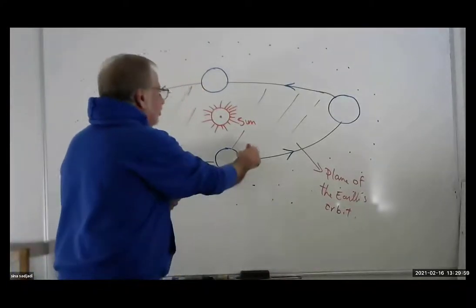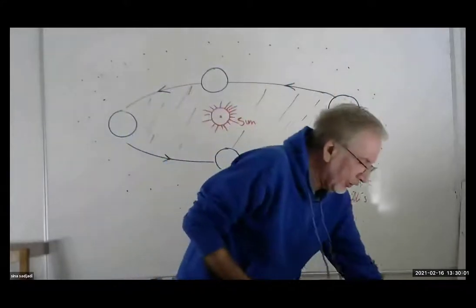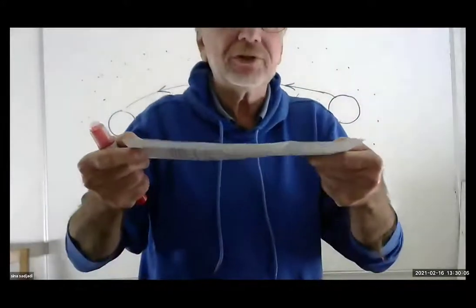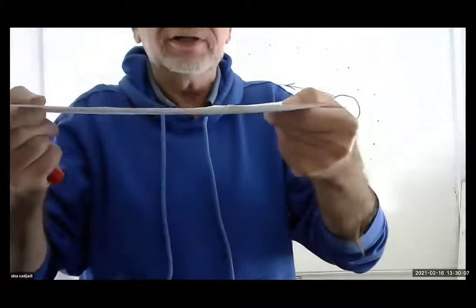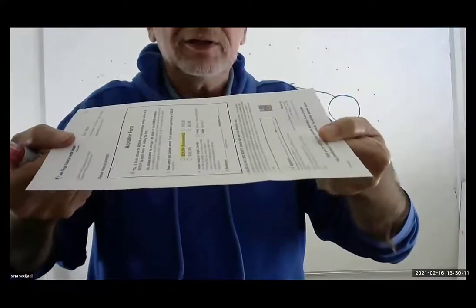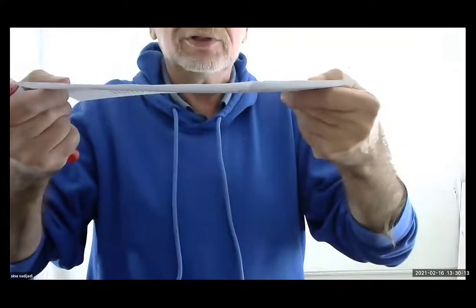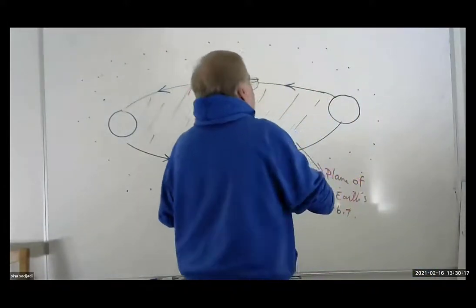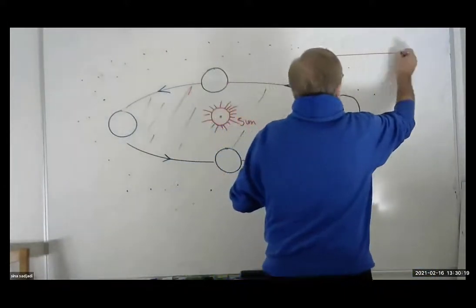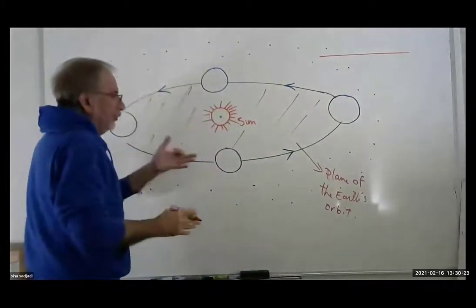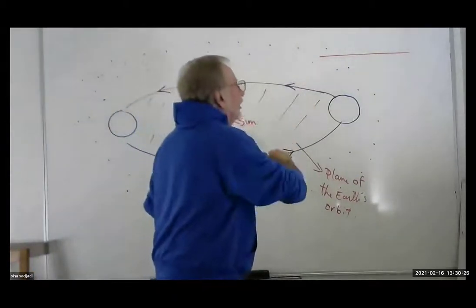If this is the Earth's plane, what happens if I show you the Earth's plane from the side? All you see is a line. Here's the Earth's plane, and if I tilt it, you just see a line. So instead of this beautiful, huge sheet of paper tilted, let me just show you a line.